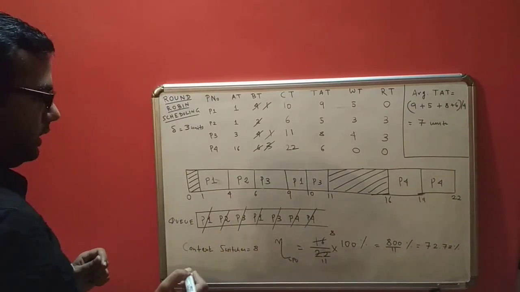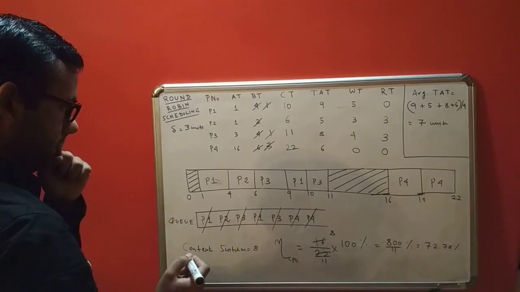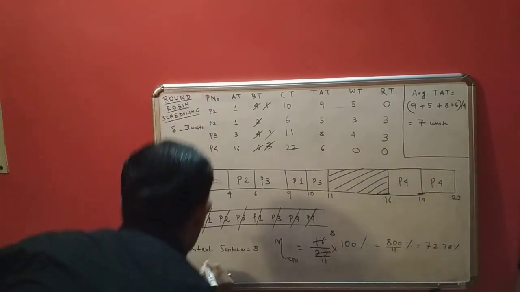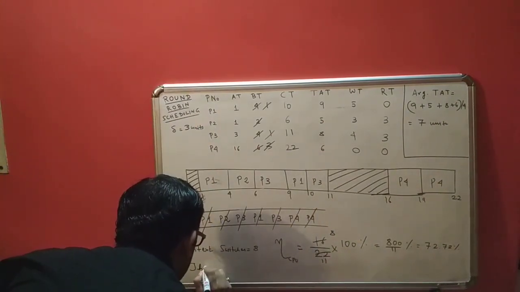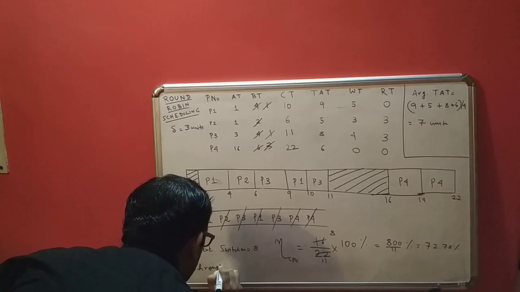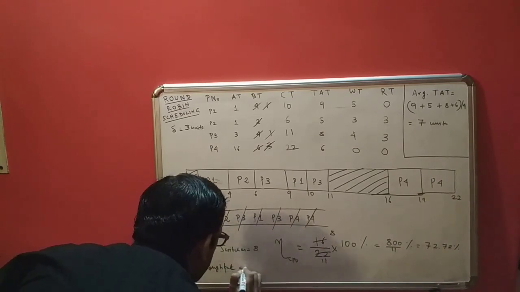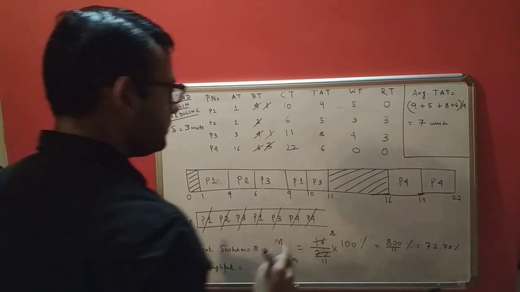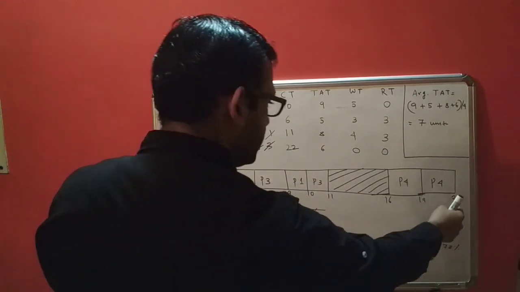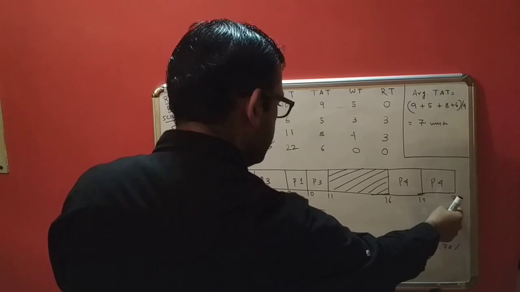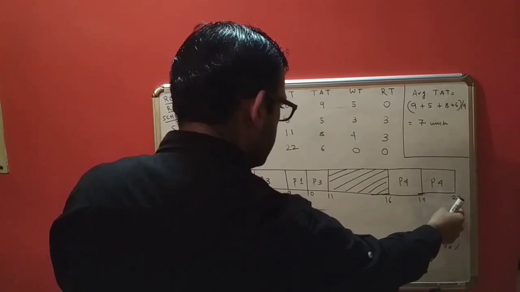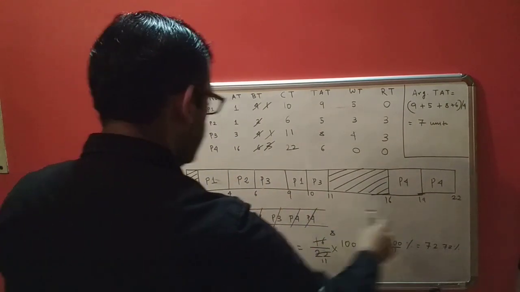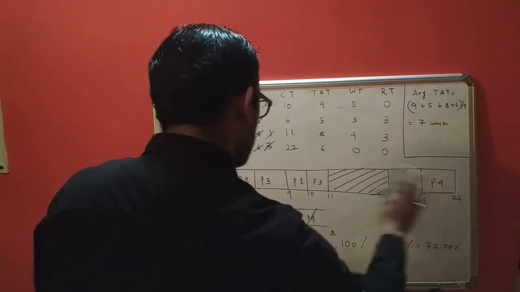And have I missed anything? Any parameter that we could have found? Yeah, what about the throughput? Now see, the throughput is found by the number of processes that executed in this time interval, divided by this time interval. How many processes have executed in this time interval from 0 to 22? 4 processes.